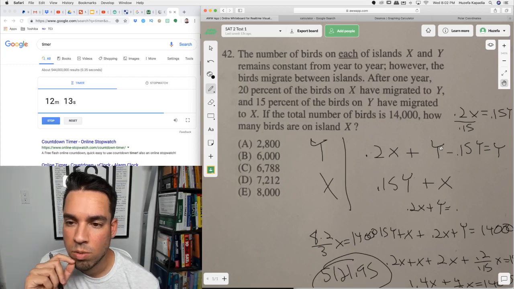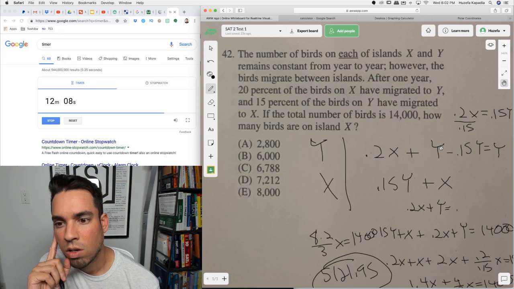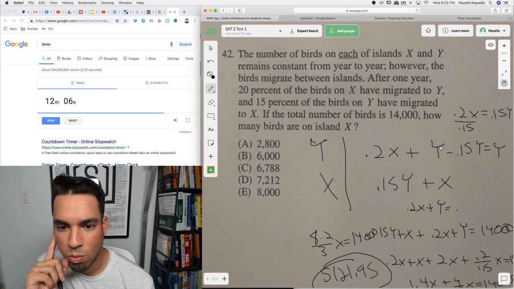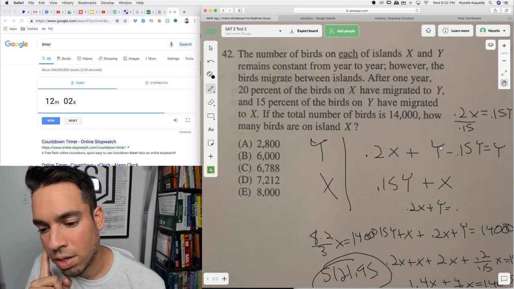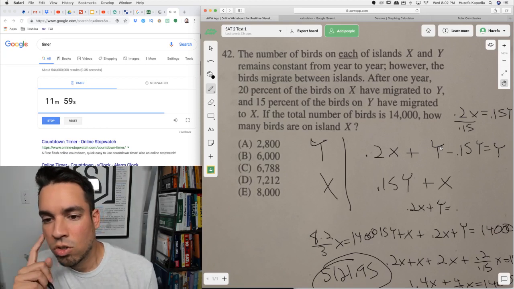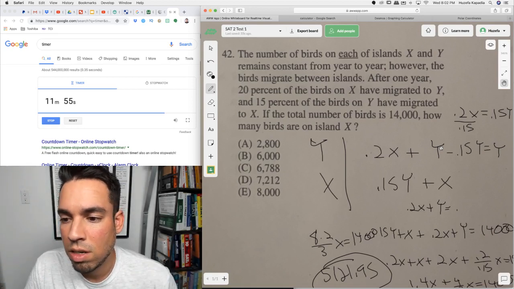Hold on. So the number of birds on each island remains constant. 20% of the birds on X have migrated to Y, and 15% of the birds on Y have migrated to X. So that makes sense, because it's like 6,000.